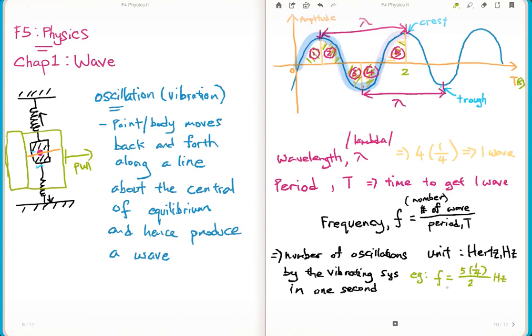So therefore, the answer frequency would be 5 over 4, so how do you do that? 5 over 8, right? So this is 5 over 8 hertz.